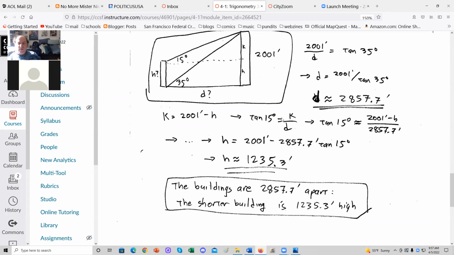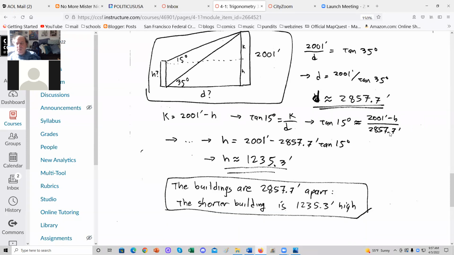So tangent of 15 degrees equals k over d. All right, d we already know, 2,857.7. Unfortunately, not entirely the freshest ingredient, but it'll do. It's been verified. And k is 2,001 feet minus h. We now have an equation involving h, and only h.